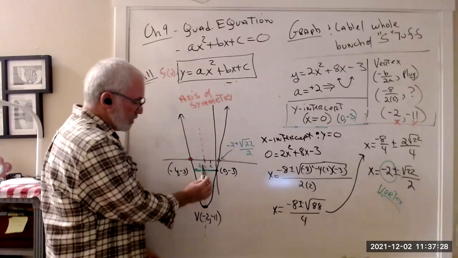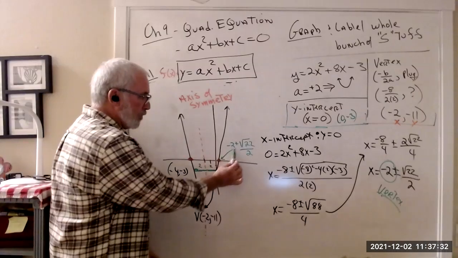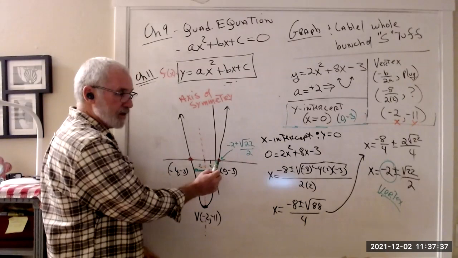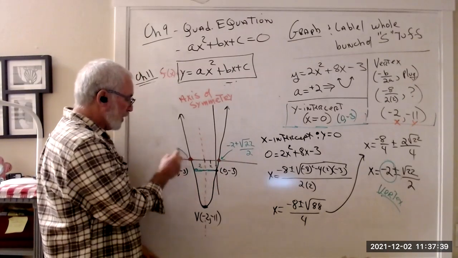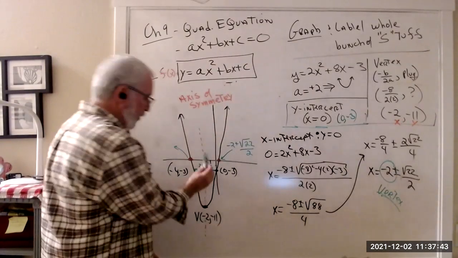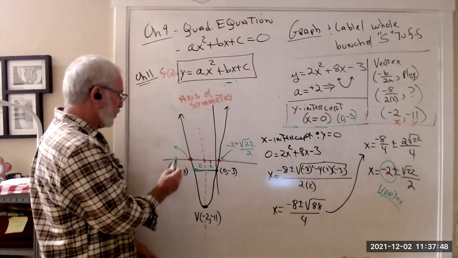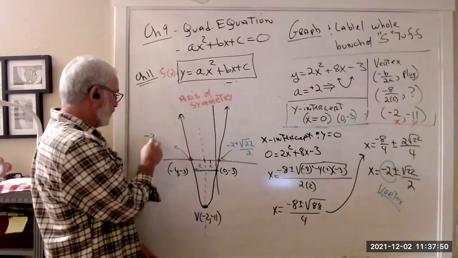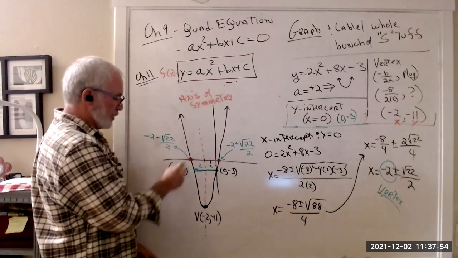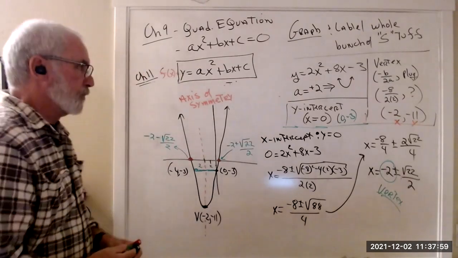So from the center line, the axis of symmetry, we go over the square root of 22 over 2, and we get that x-intercept, whatever that number is. This point is the negative side. From -2, we come back radical 22 over 2. So this is -2 minus radical 22 over 2. That's what those two x-intercepts are.